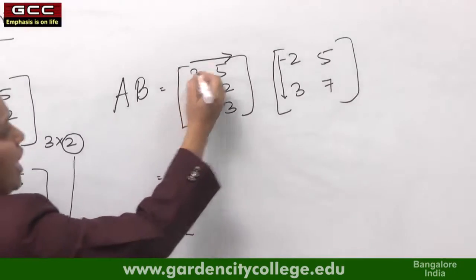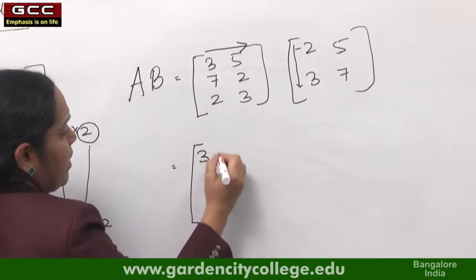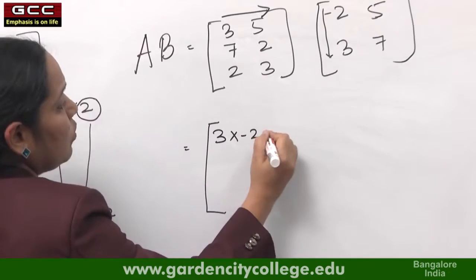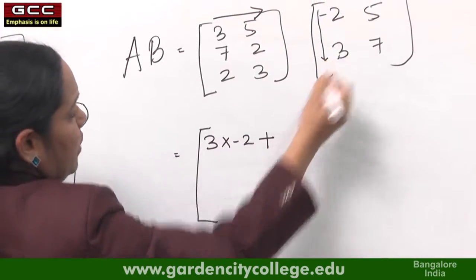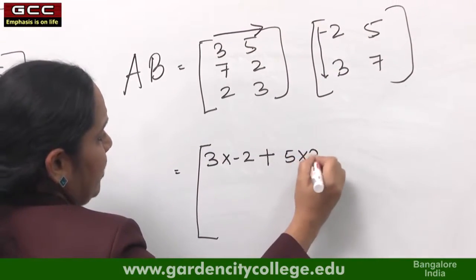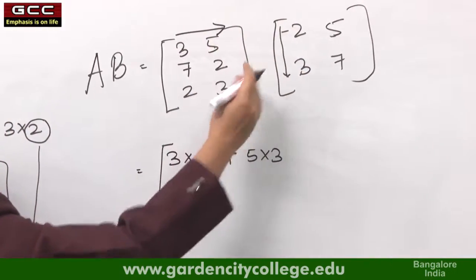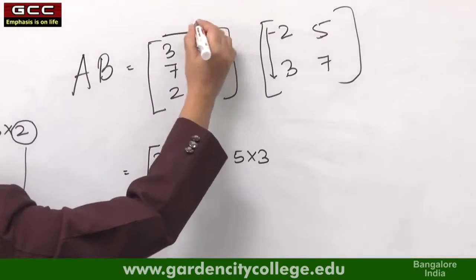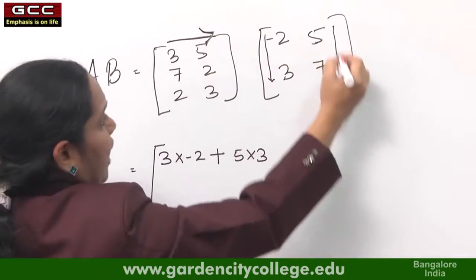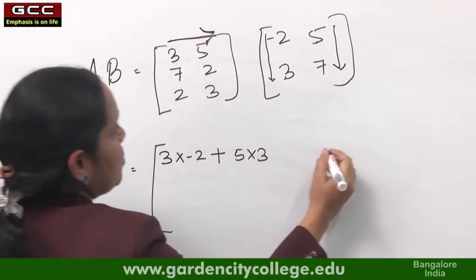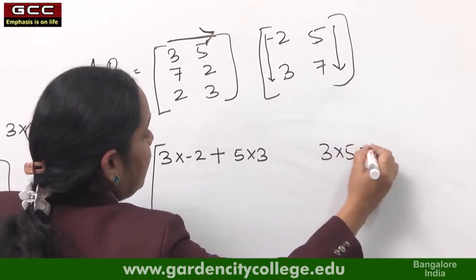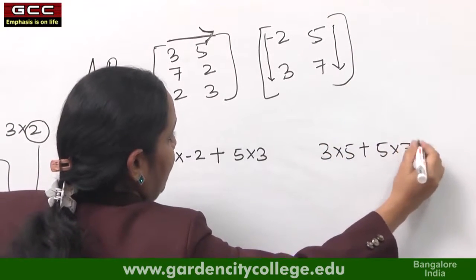That is, the first element should be multiplied with the first element, 3 into minus 2, plus the second element with the second element, 5 into 3. So, take the first row, take the first column, operate on that. Similarly, considering the first row, go to the second column and make the same operations, 3 into 5 plus 5 into 7.